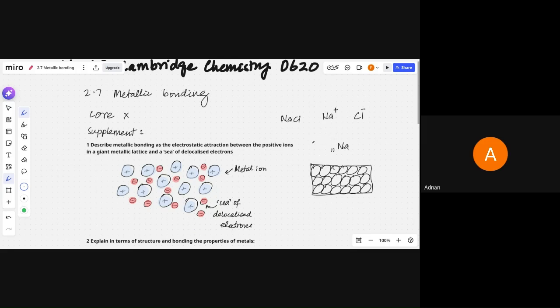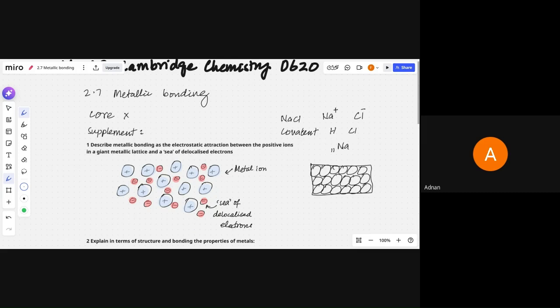I'm doing a comparison between these three types of bonding, ionic, covalent, and metallic, so that you can understand metallic bonding much better. In covalent bonding, we saw that we have two non-metals, and they share electrons.